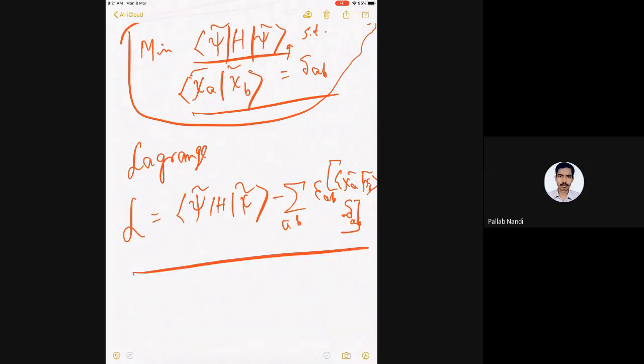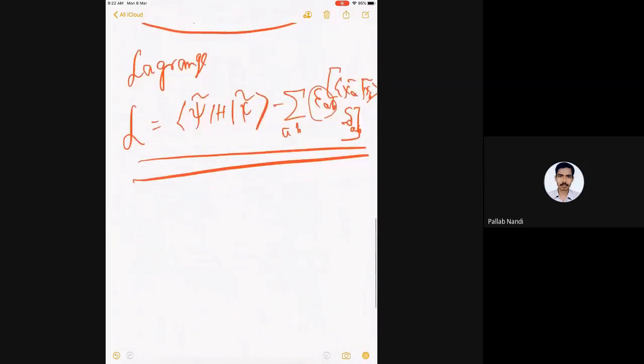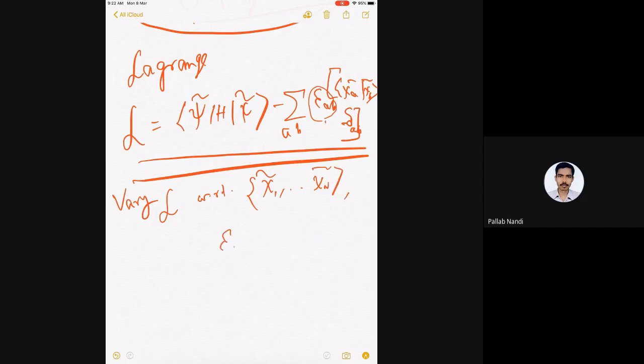The condition is chi A tilde, chi B tilde minus delta AB equal to 0. Delta AB is a number, either 0 or 1. That is multiplied by an undetermined multiplier and summed over; you can do subtraction or addition, it doesn't matter. That becomes your Lagrangian, and you vary the Lagrangian, making it stationary with respect to the spin orbitals, of course, but also the multipliers epsilon AB.